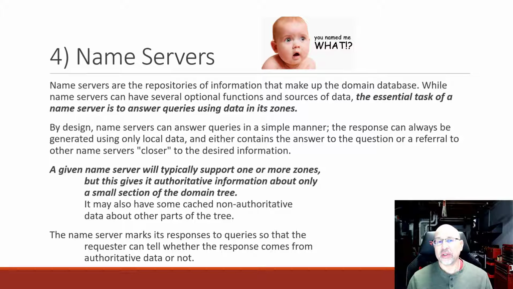So let's put a couple of these ideas together, right? We know that a name server has this information stored in its files. Okay, but let's be really clear about something. When a name server is the boss, right? When it has the files themselves, it is authoritative for that particular zone. And so the essential task of a name server is to answer queries with the information that's in that set of files.